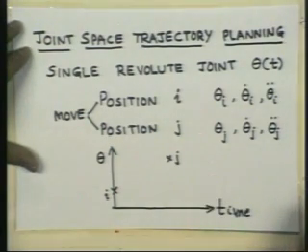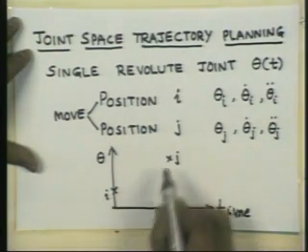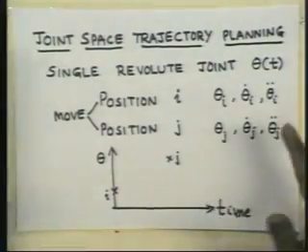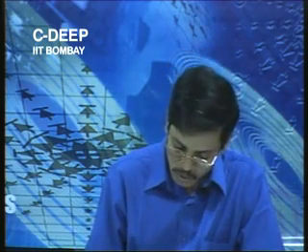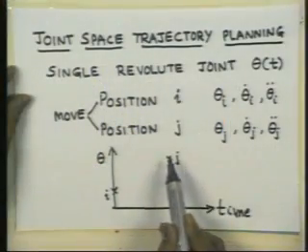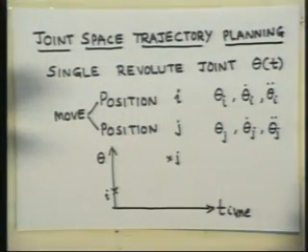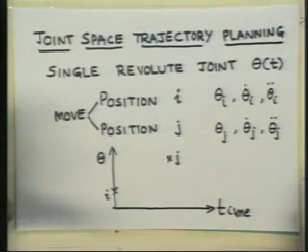These could be initial and final positions, or these could be any two intermediate positions or via points. So, we take up general two positions i and j. Now, if you have prescribed theta i dot, theta i double dot at this point and theta j dot, theta j double dot, what is a smooth trajectory between i and j that I need to use? How do I get that kind of a trajectory? That is the general question.